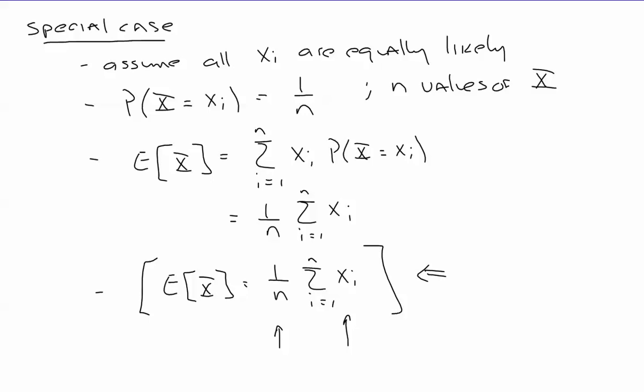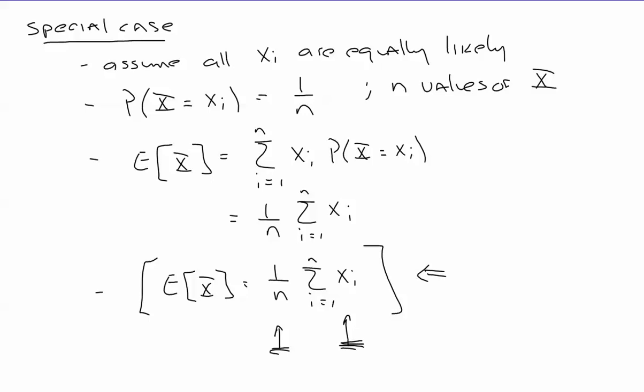This is exactly the same way that you would calculate what you might commonly have referred to as the average test score. So if I give a test in this class and there are 30 students in the room, I add up the scores for each of the 30 students and then I divide by 30. That's the way we would find the average score. Really what we're finding is the discrete mean.